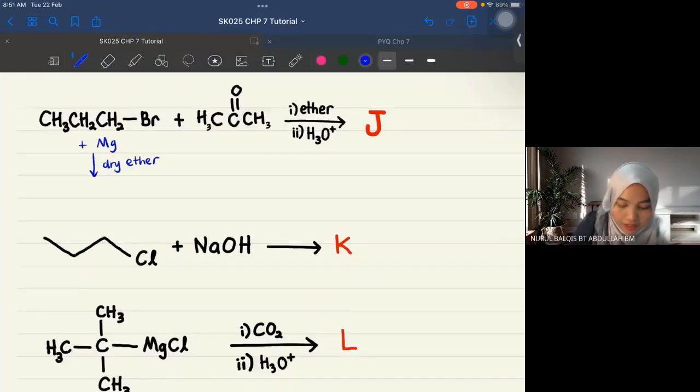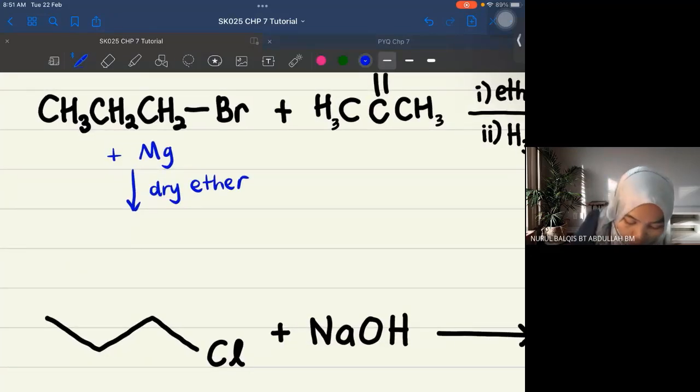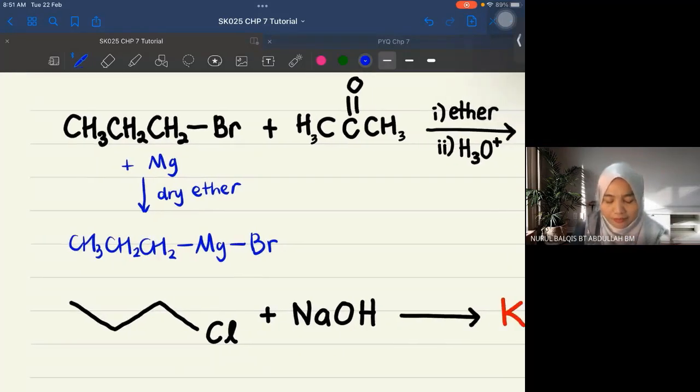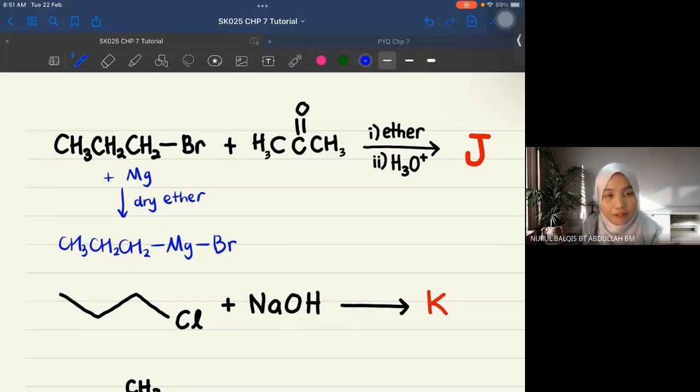Kita akan masukkan Mg in between. So we have CH3, CH2, CH2, Mg in between the haloalkane, Br. Now you have formed your Grignard reagent.